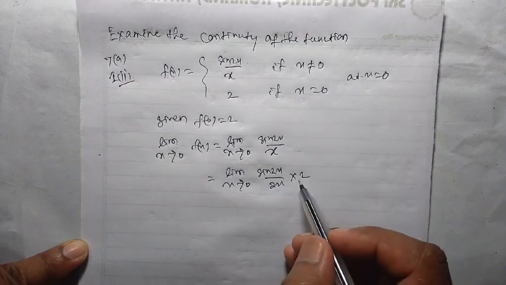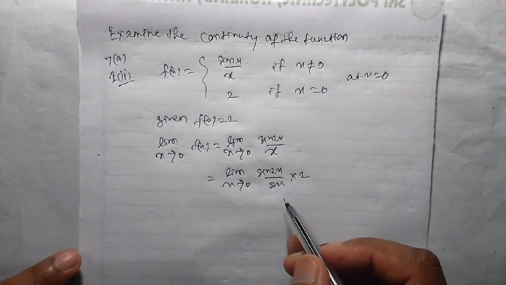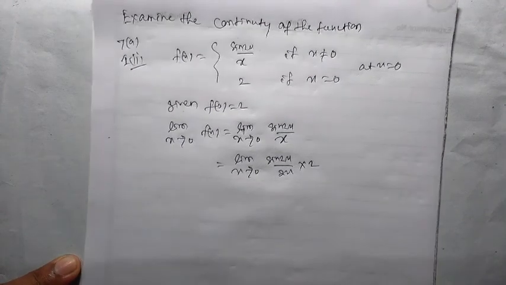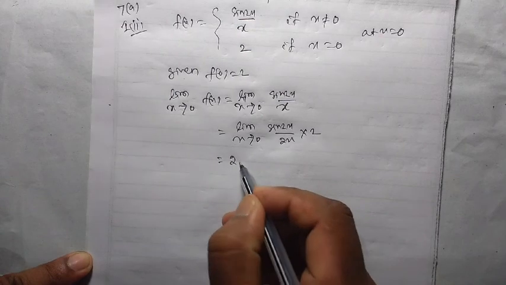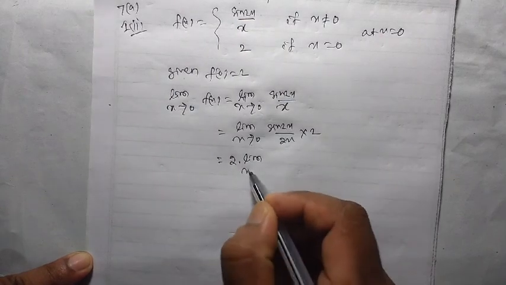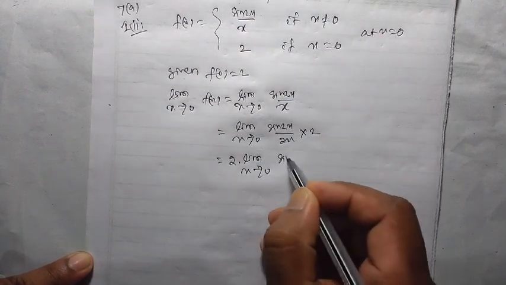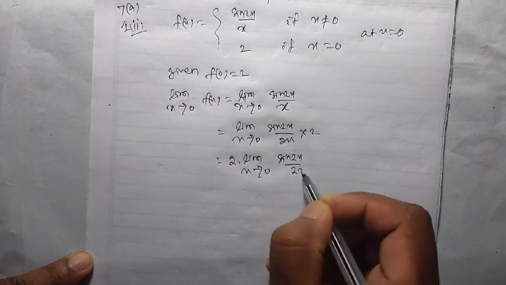I have multiplied 2 in the numerator and divided 2 in the denominator. Then I can write 2 into limit x tends to 0 sin 2x by 2x.